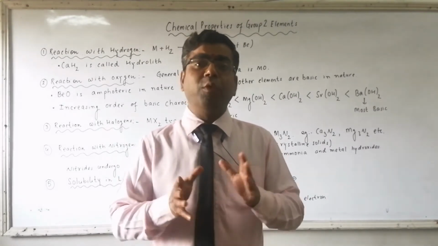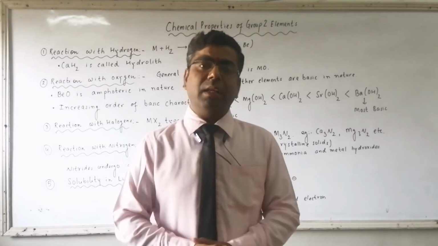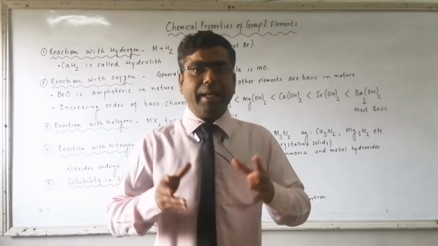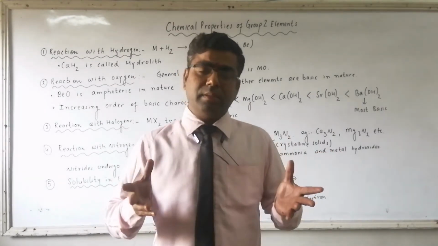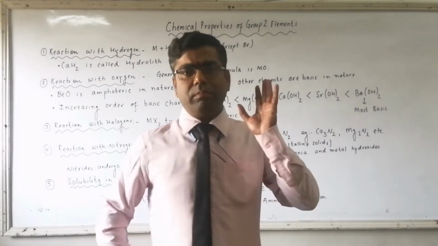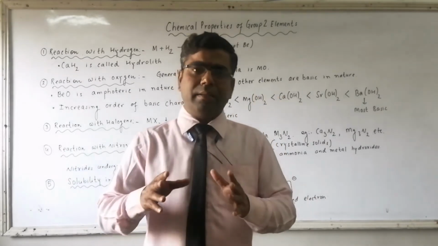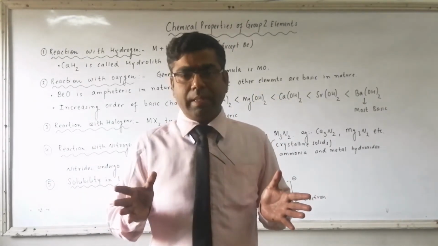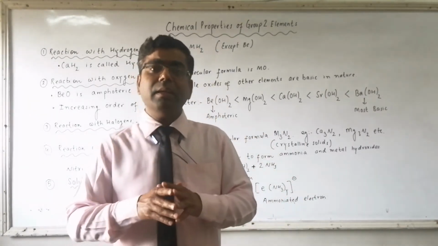That's why it is amphoteric in nature. Ampho means dual, teric means nature. It is having dual nature. It can act as acid, it can act as a base. But at a time, it will act as an acid or it will act as a base. At the same time, it cannot act as a base and an acid.